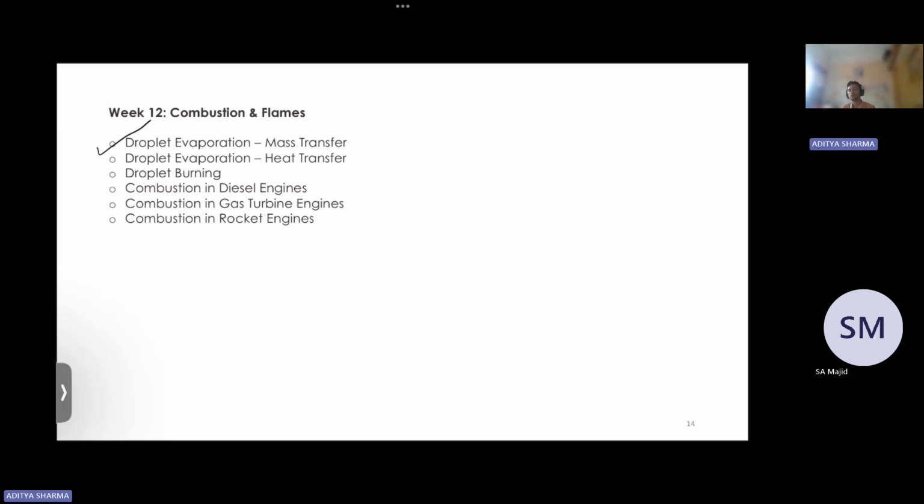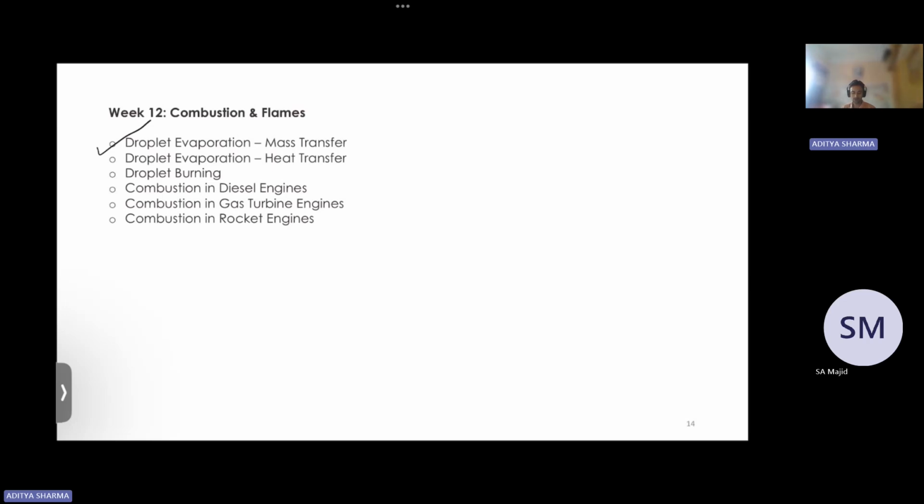So we have some droplet of fuel, and from its surface, the fuel starts evaporating as it gets energy, and this evaporation basically is your mass transfer. If we are able to analyze this evaporation in detail, this is great for the analysis of the whole combustion process.